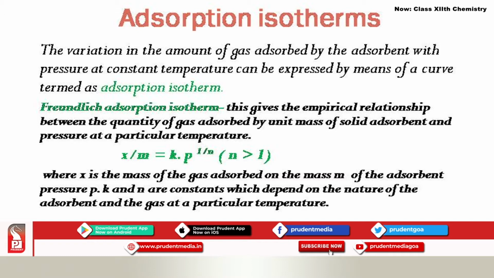Under adsorption isotherm, we have to remember the Freundlich adsorption isotherm. Freundlich adsorption isotherm gives us the empirical relationship between the extent of adsorption and the pressure for physical adsorption of gases at constant temperature.